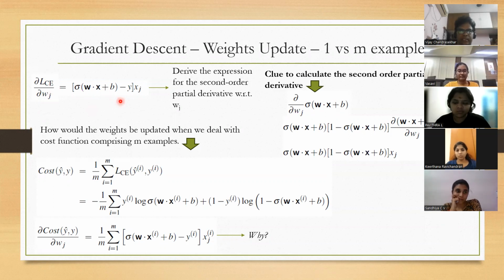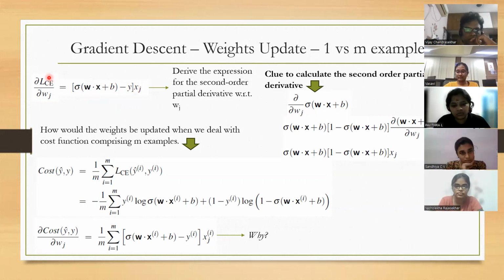Then you have this expression, and we know that this bit is y hat. So you can write this as y hat minus y multiplied by xj. That would be the partial derivative of the cost function with respect to Wj.